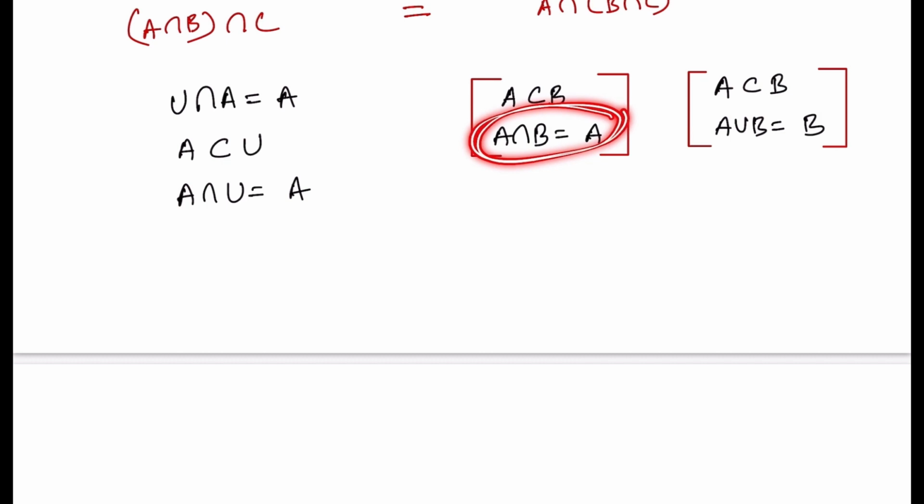In case of intersection, A intersection B, the answer will be A. But in case of union, A union B, the answer will be B. So this is a thumb rule to remember.